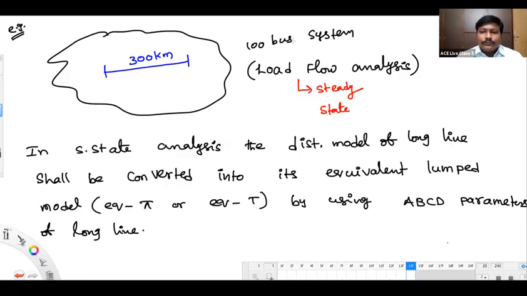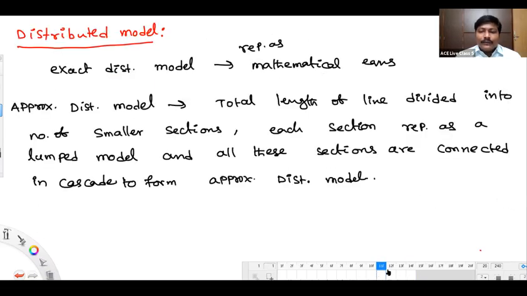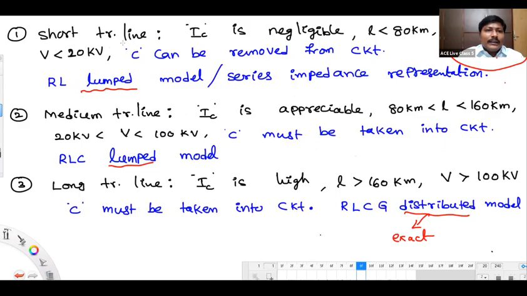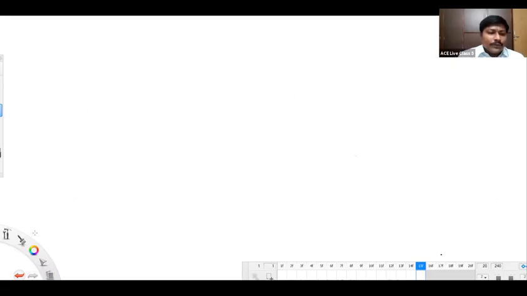Okay. Next, let's see the equivalent circuits of the remaining two models. The distributed model, the exact one, we have already seen. Now let's think about the short line model, simple, and then the medium line. Equivalent circuits for short and medium lines. First one, the short line model.